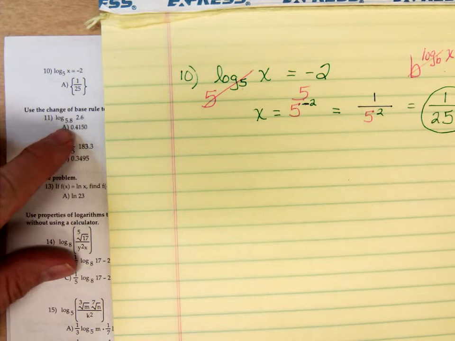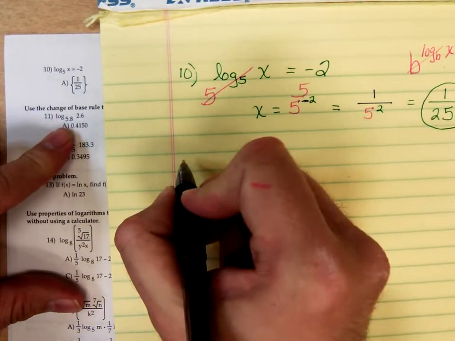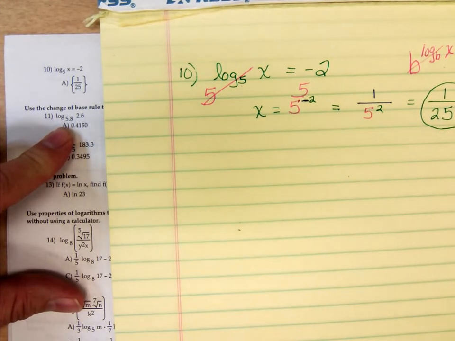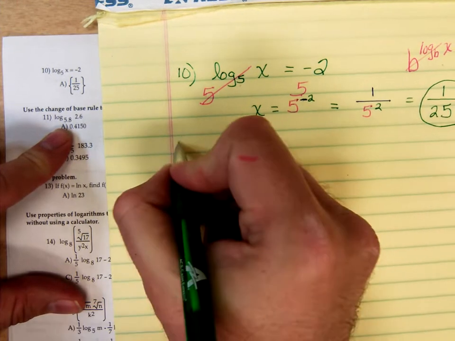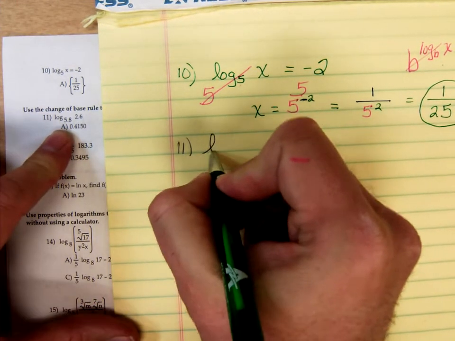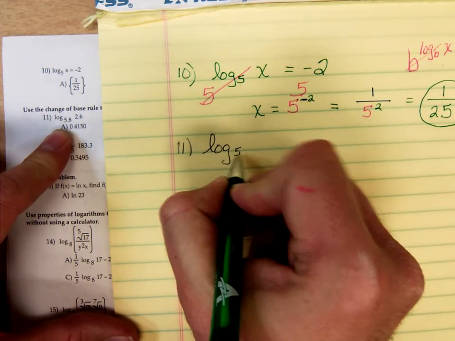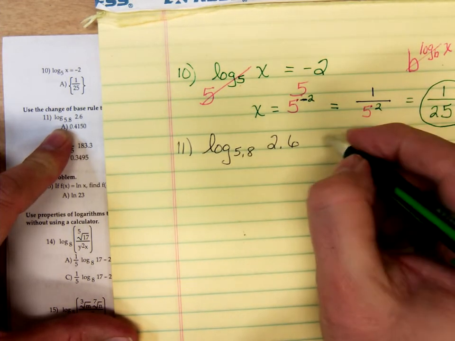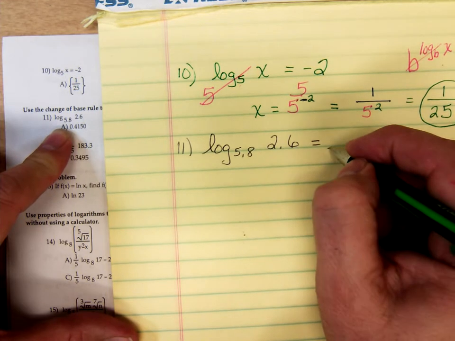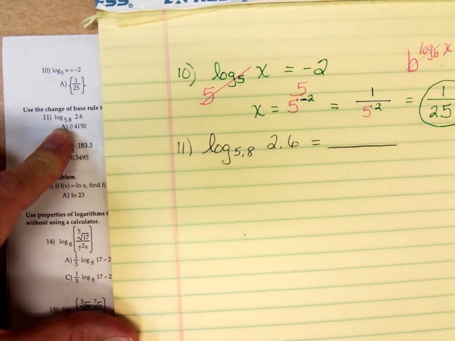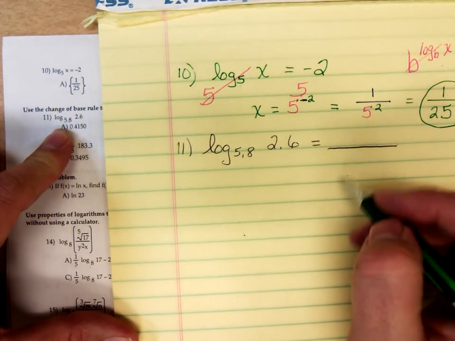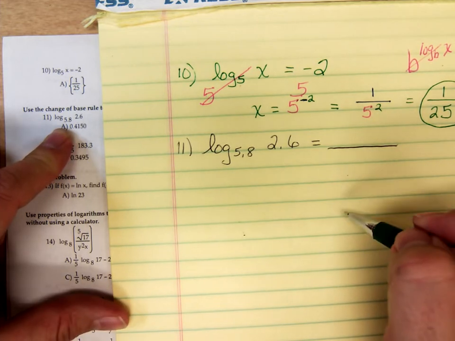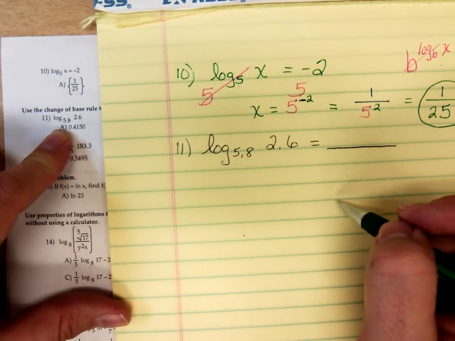let's write it down. There's number 11. Log base 5.8 of 2.6. Well, my calculator doesn't have a log base 5.8 key, but it has a logarithm key and a natural logarithm key.